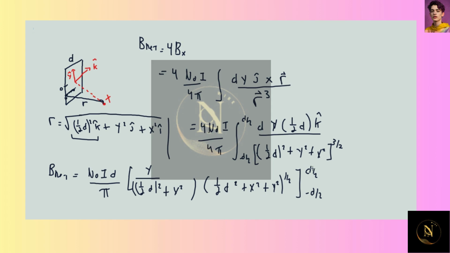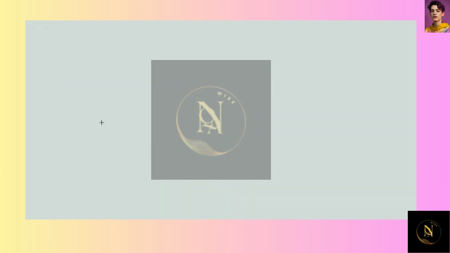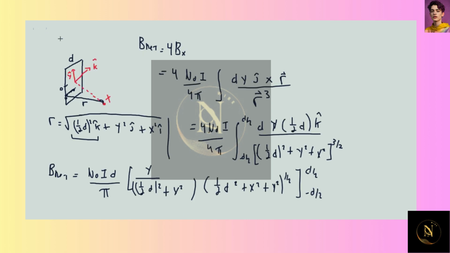So now we're just going to plug in our limits of integration here, and I'll do the subtraction in one step. And we should get after that 2 times root 2 d squared mu naught I, and this is all in the i hat direction, since the only part of this we were keeping was, oh, this is still a cross product, when we had dy cross k hat.